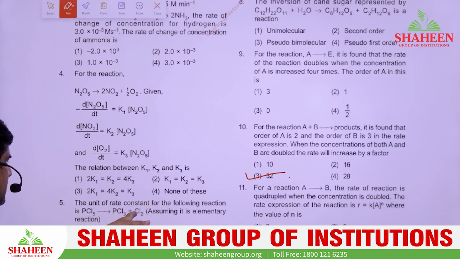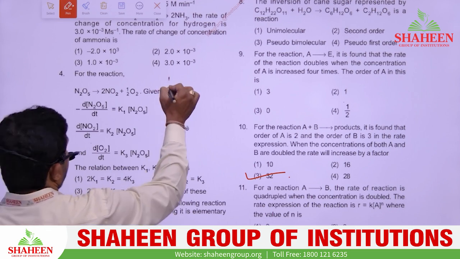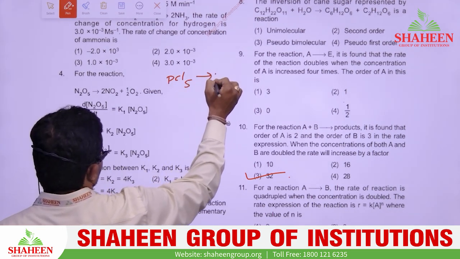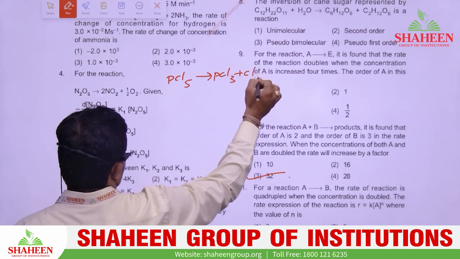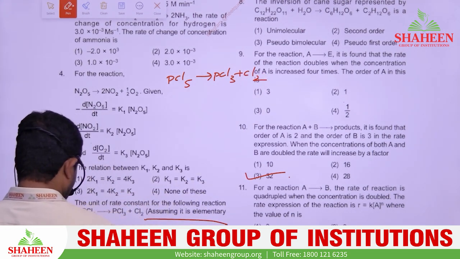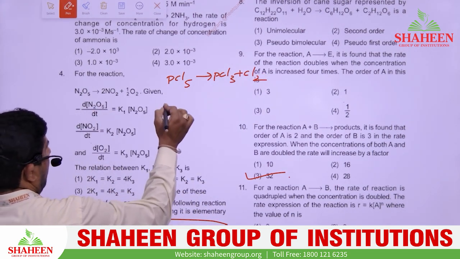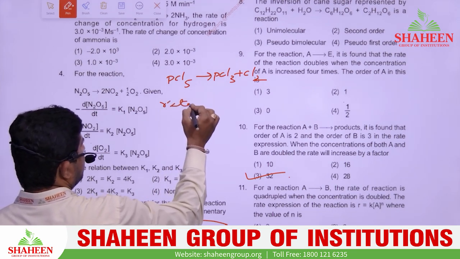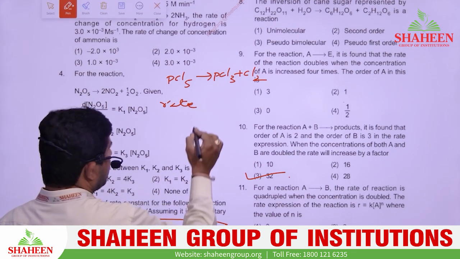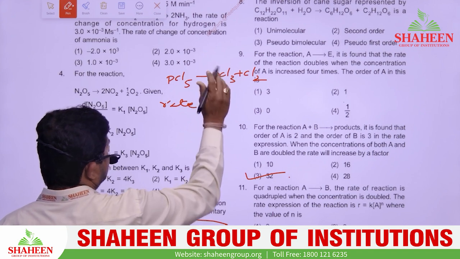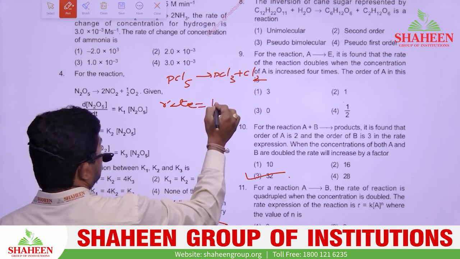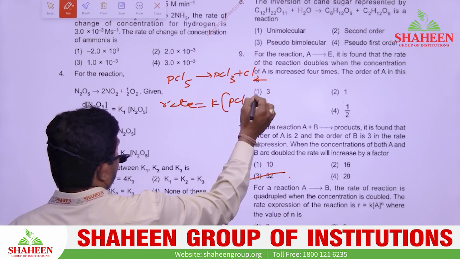Now, the unit of rate constant for the following reaction: PCl5 gives PCl3 plus Cl2. This is an elementary reaction, so we can write the coefficients as the order. So rate is equal to K[PCl5] power 1.